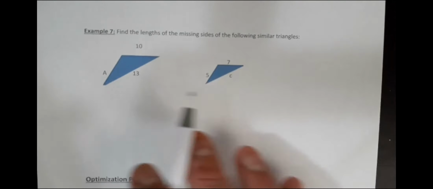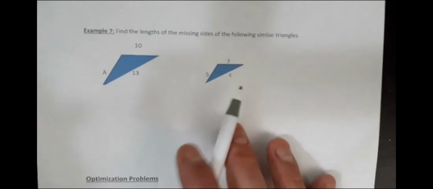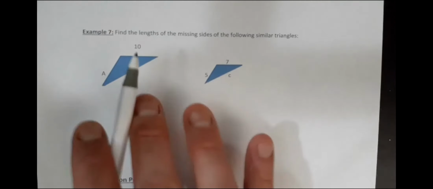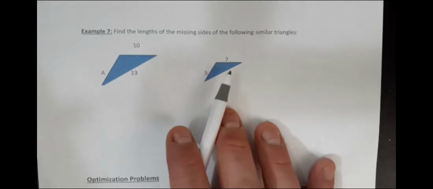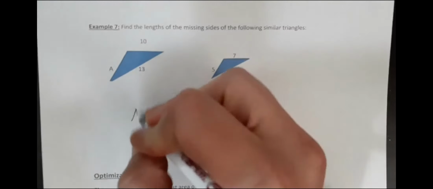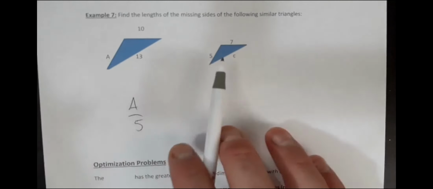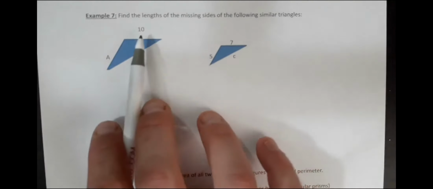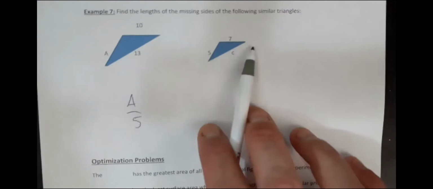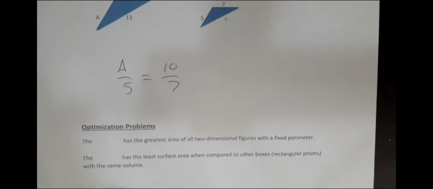If I go from 13 to C, that's going to give me another variable. I want some comparison that's just going to give me two numbers, right? So if I look here, 10 to 7 is probably a better one to pick. So if I go from A to 5, going from this one to this one, I want to come up here to 10 and go to 7. So this is one way we can write this.